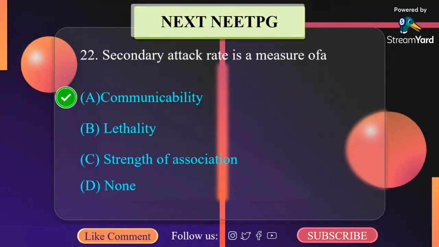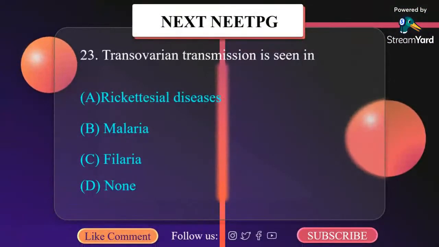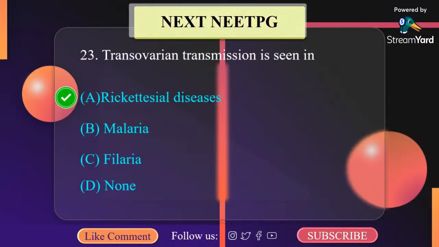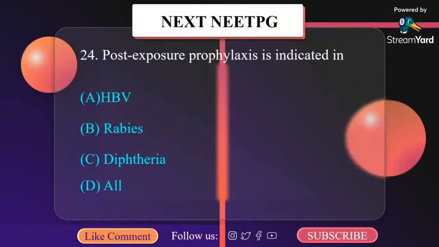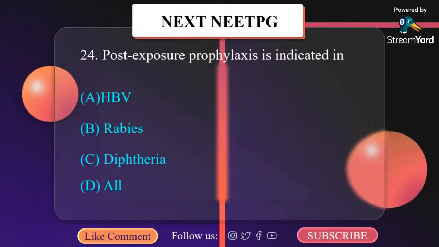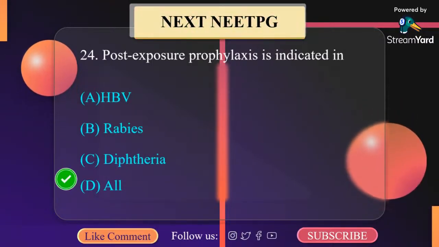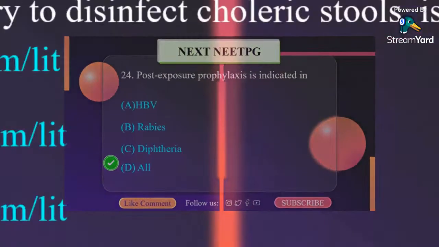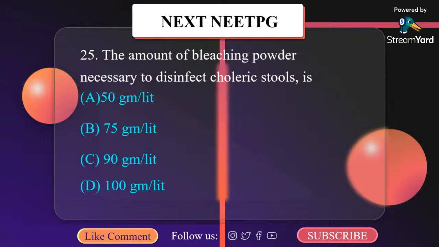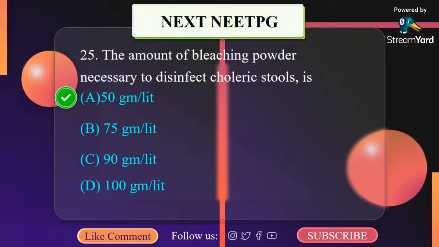It is communicability. Trans-ovarian transmission is seen in, we all know, rickettsial disease. Post-exposure prophylaxis is indicated in HBV, rabies, diphtheria, all. Correct option is D. The amount of bleaching powder necessary to disinfect choleric stools is 50 gram per liter.